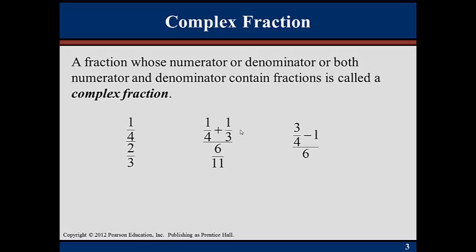So in our numerator, we have the combination of fractions 1/4 plus 1/3, and in our denominator, we have the fraction 6 over 11. And then the last one, 3/4 minus 1, all divided by 6. So in our numerator, we have the fraction 3/4 minus 1, and in the denominator, 6.